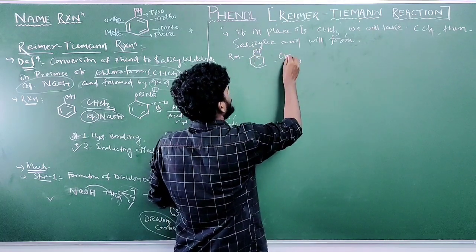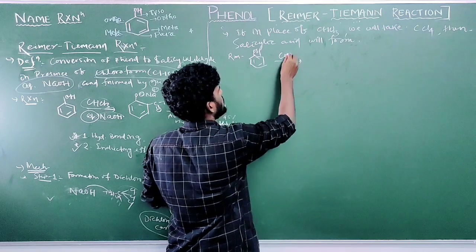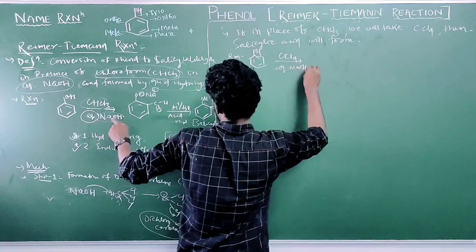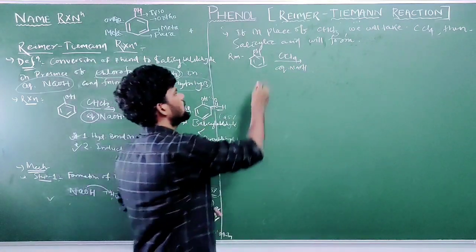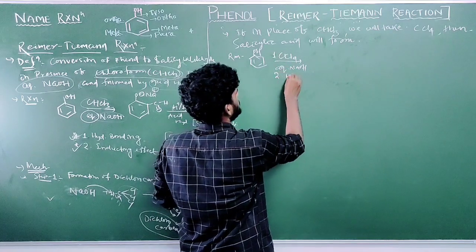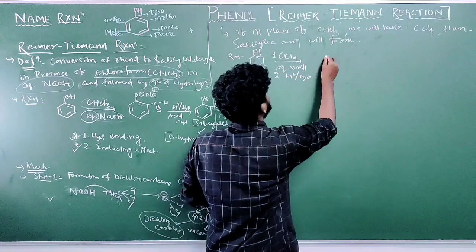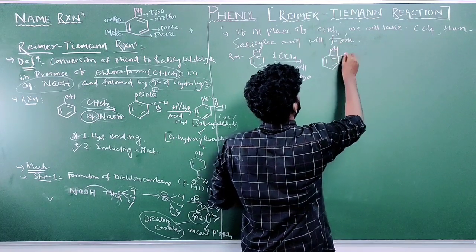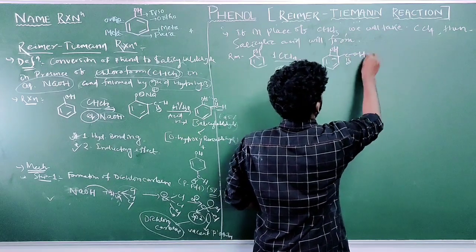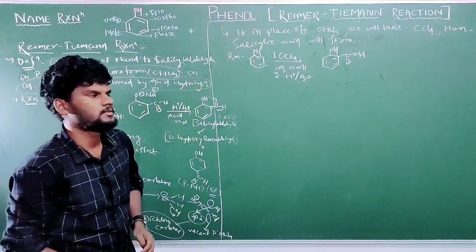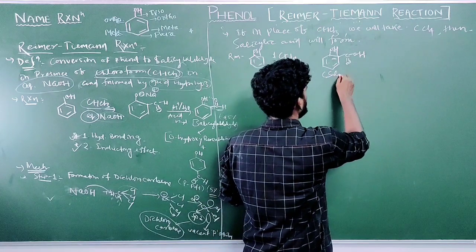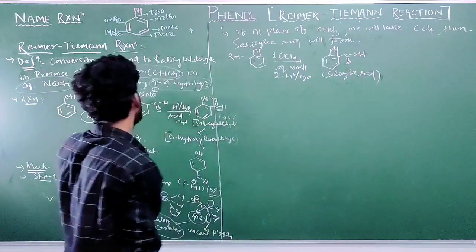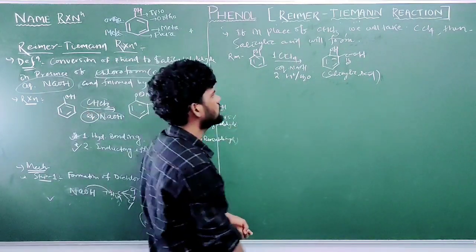If in place of CHCl3 you take tetrachlorocarbon in the same aqueous sodium hydroxide, and in the second step H plus water, meaning acid hydrolysis, you will get salicylic acid, not salicylaldehyde: OH, and here COOH. Just replace CHCl3 by CCl4. So what is the mechanism?